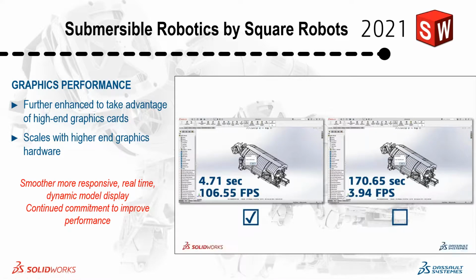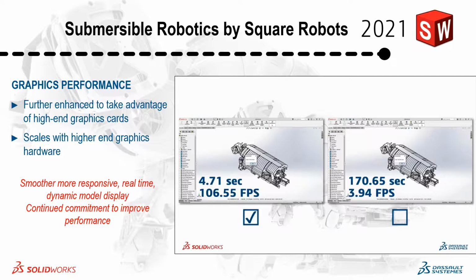This only took 4.71 seconds at 165 frames per second. This is huge. While when it's disabled, it ran at 170 seconds and only at an average of 3.94 frames per second.